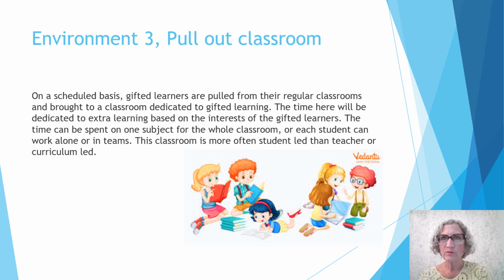In that classroom, the learning is mostly student-driven. It is based on the student's special interests, and she just allows them to learn and grow and do the things that gifted kids do naturally.